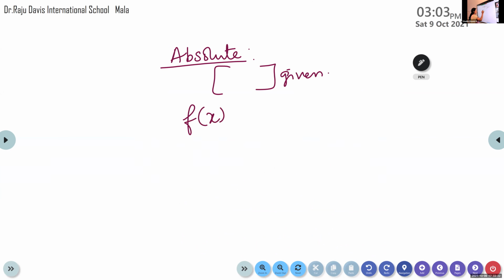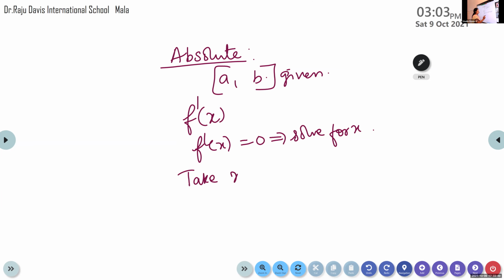Find f dash of x and equate f dash of x to 0. Suppose the closed interval AB is given. We solve for x. After solving this, we take only those values which lie between A and B. We take x which lies in the closed interval AB.